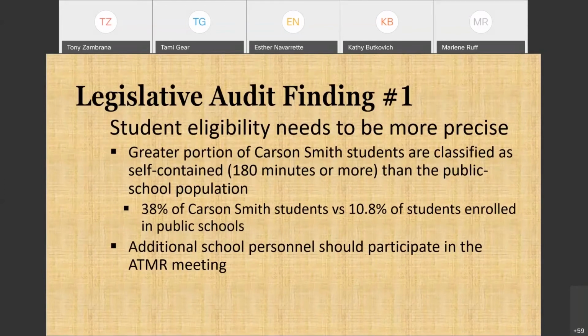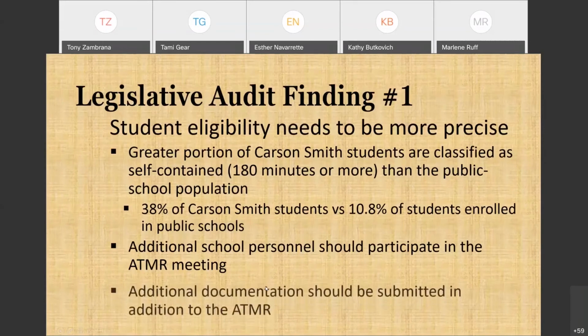The related services that might be needed, a special education teacher, a general education teacher, someone who can interpret evaluation results, an administrator. So there's a lot of people that have to be in a special education meeting. And that was one of their findings, that we need additional school personnel to participate in the ATMR meeting, for one thing, to make sure that student eligibility is more precise.